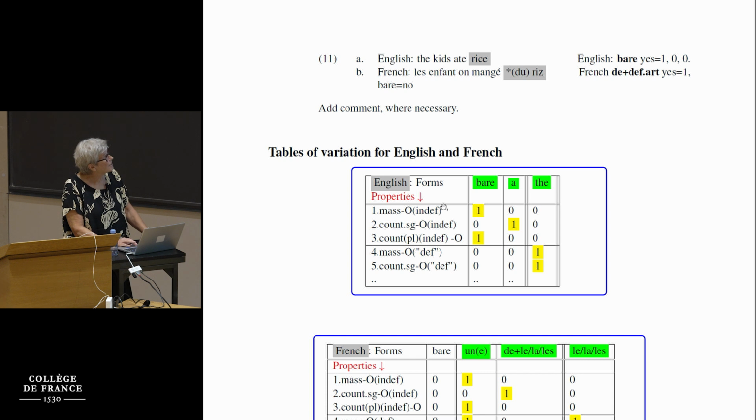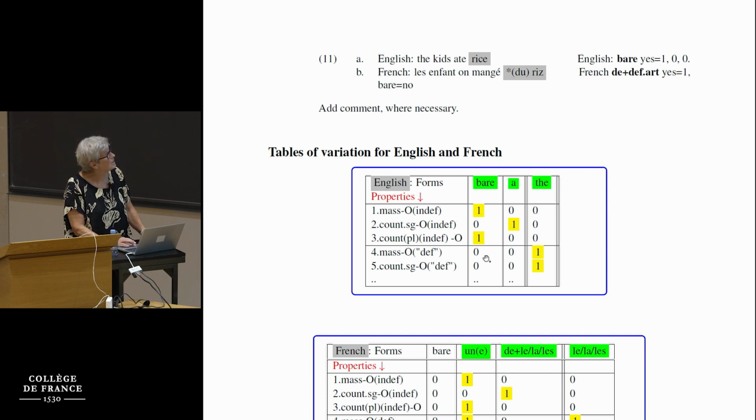Then we have mass object indefinite, count singular indefinite, like cat, count plural indefinite, mass object definite, count singular definite, etc. So you have a long list of these. And then we see that in English, bare mass objects are bare, indefinite singular objects actually need a, and count plurals are bare.